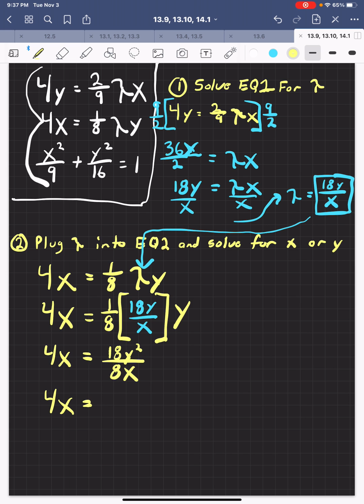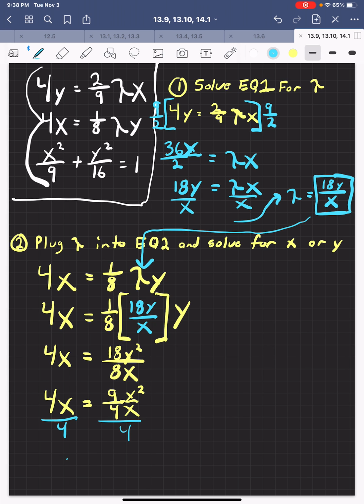So 2 goes into 18 nine times, 2 goes into 8 four times. So I got 4x is equal to 9y squared over 4x. Since we're trying to solve for x, let's go ahead and divide by 4.